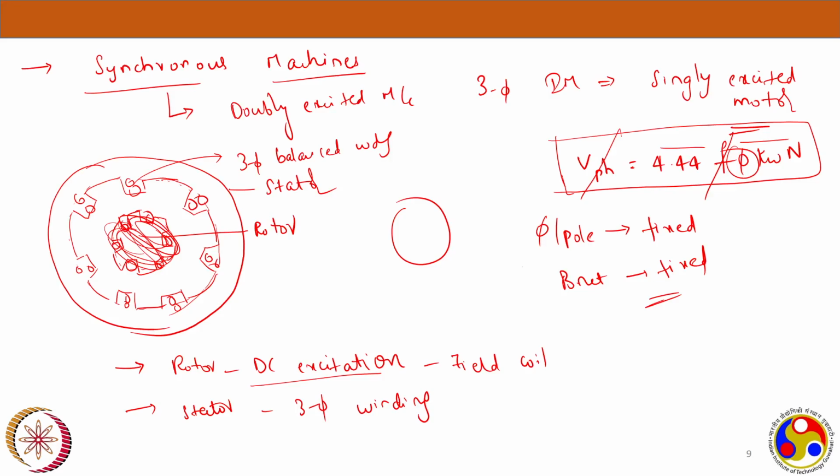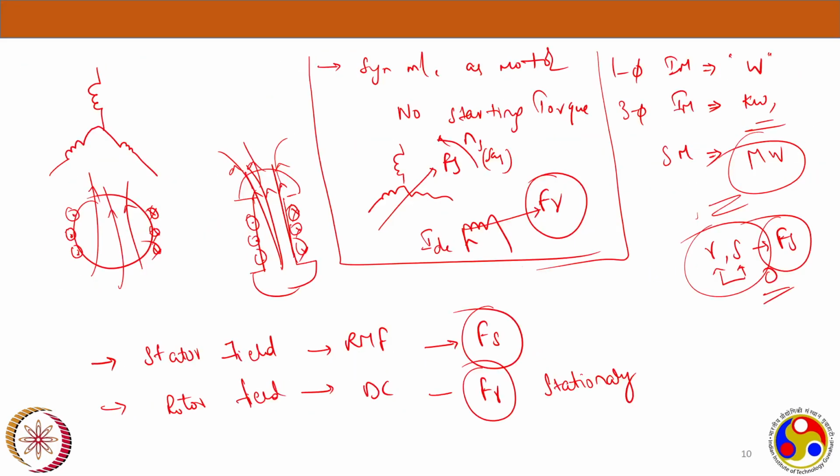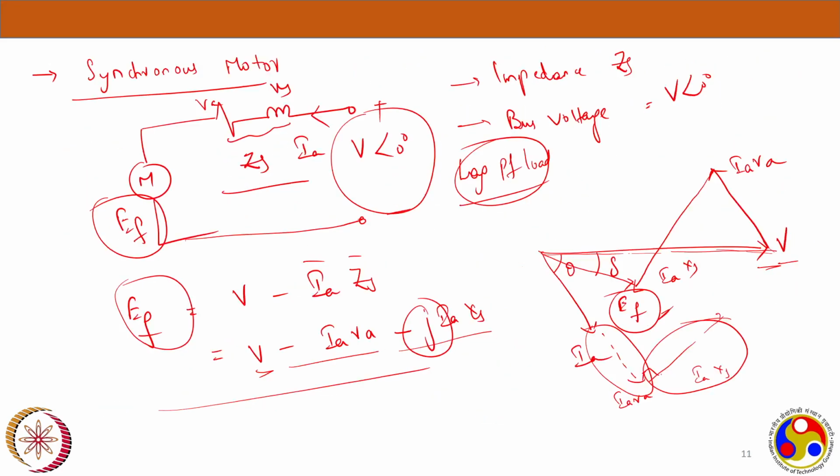We excited the machine and rotated it, and then we saw how the fields come. Both the stator field and rotor field have the same rotating field, NS, FS. Then we saw some basic equations through phasor diagrams: how a synchronous motor and a synchronous generator work, and their voltage equations and phasor diagrams.